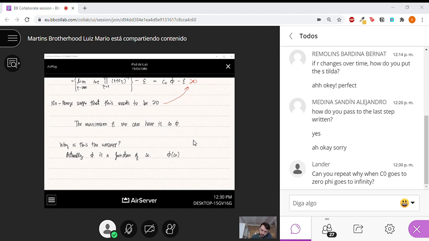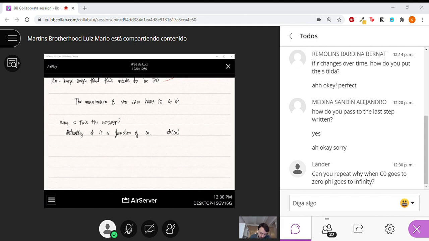Yes, Lander, that's a conjecture. I don't know if this is actually true, because maybe if C0 goes to 0, this phi will tend to go to, probably, the total number of wage payments that you have.